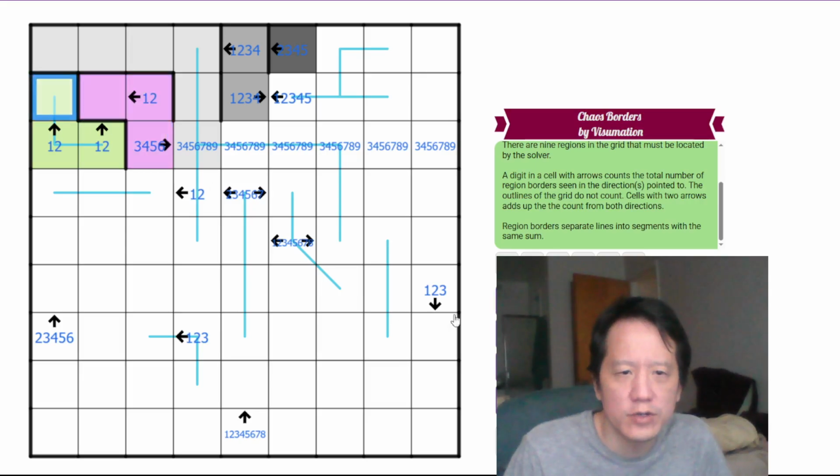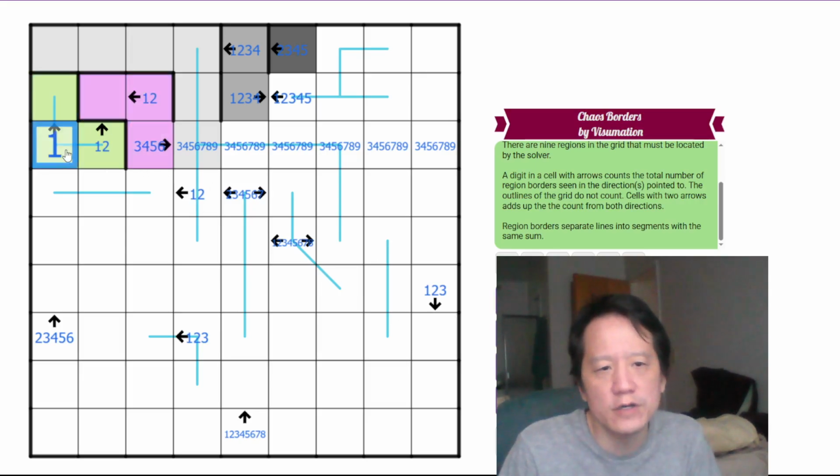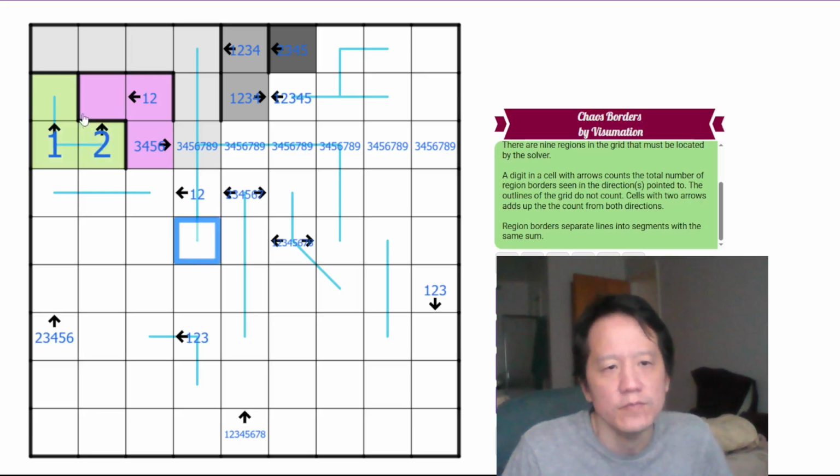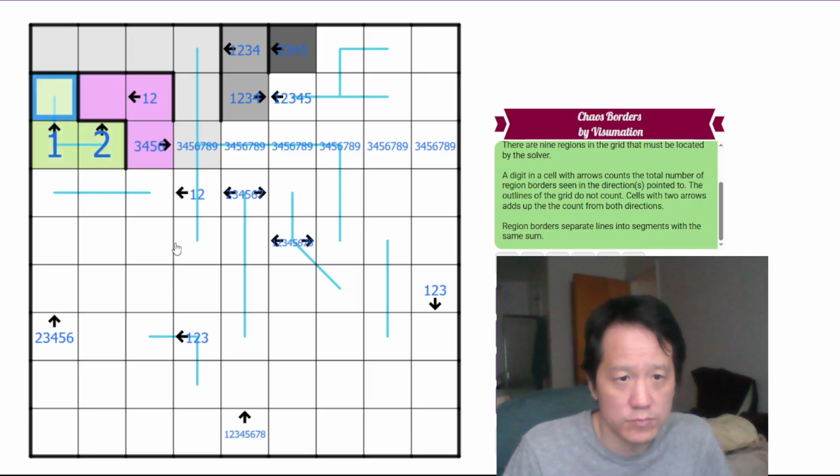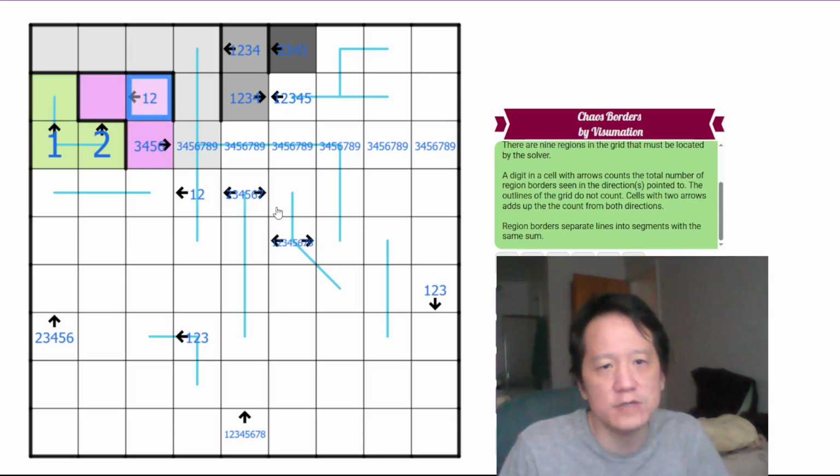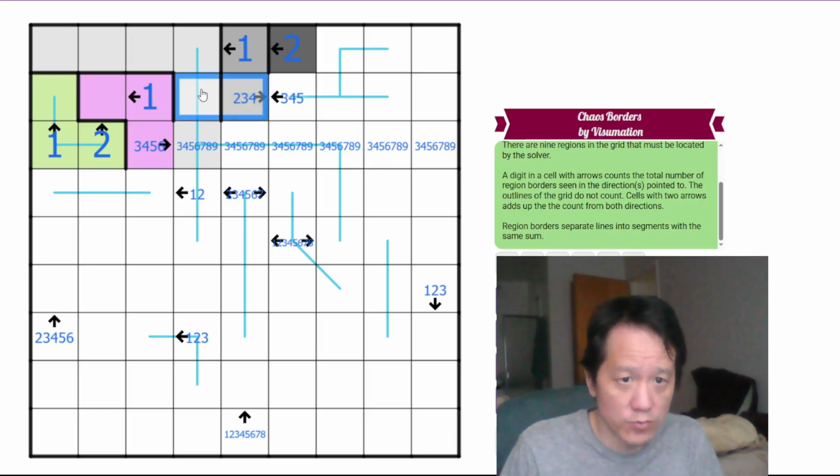This would be green, obviously. This would see 1, and this would be 2. That's possible. This would see 1 boundary, so these could not be 1. This would be 1, this would be 2, so this couldn't be 2. This would see at least 1, 2, 3 boundaries, and maybe 4.